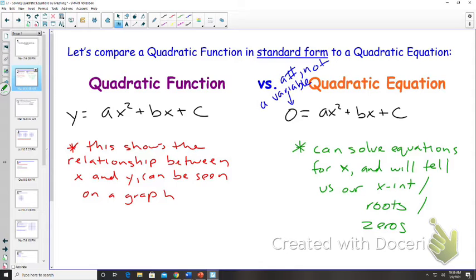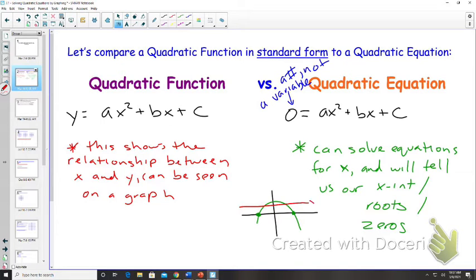X-intercepts, roots, and zeros, those are kind of used interchangeably, okay? They all mean the same thing. So x-intercepts, roots, or zeros is going to be where it crosses the x-axis, right? Or in some cases, we can also have intersection lines running through.